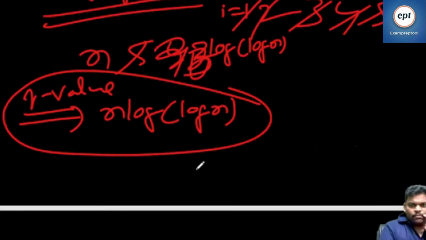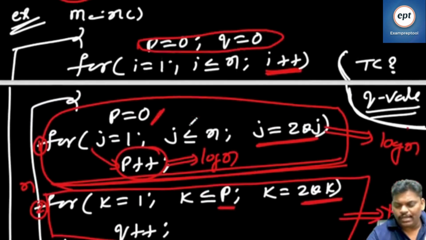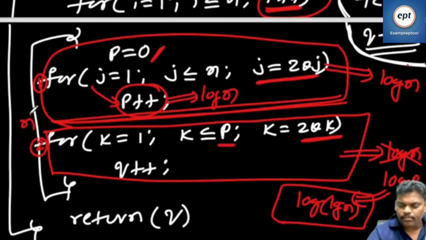You can ask whatever you want. See, 3 loops. First identify the 3 loops. What is every loop executing, how many times? The first loop is always plus 1, n times. The second loop is always into 2 log n.